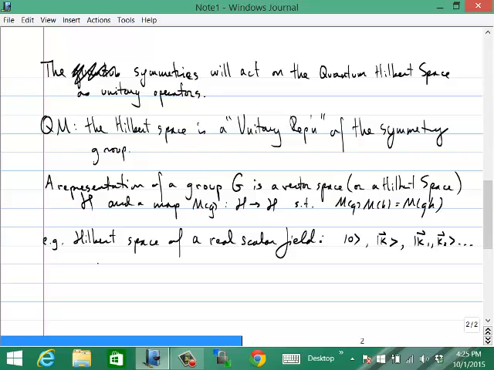How do the translations act? So that translation generator T of a that I wrote down before is no longer generated by a differential operator, but rather by a unitary operator on your Hilbert space. So we could call that U of T a if we want. And how does that act on one of these states? Well, it acts trivially on the vacuum state.